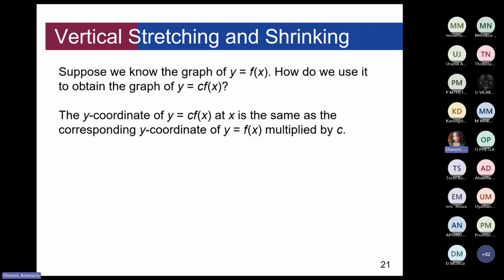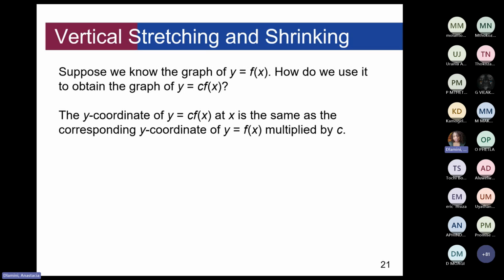Suppose we know the graph of y equals f of x.